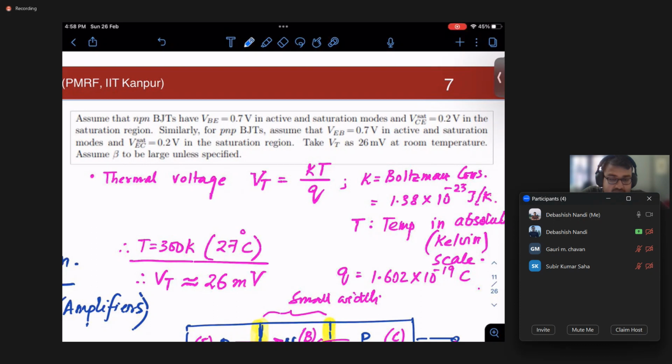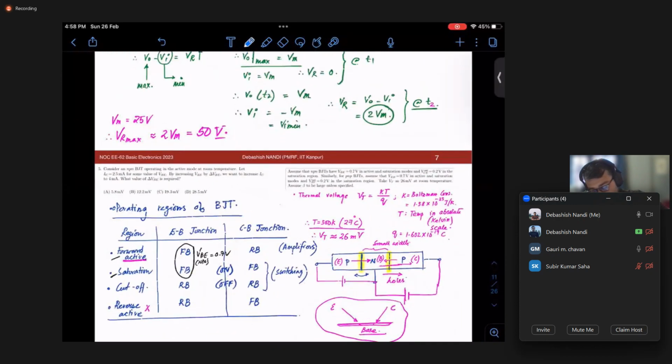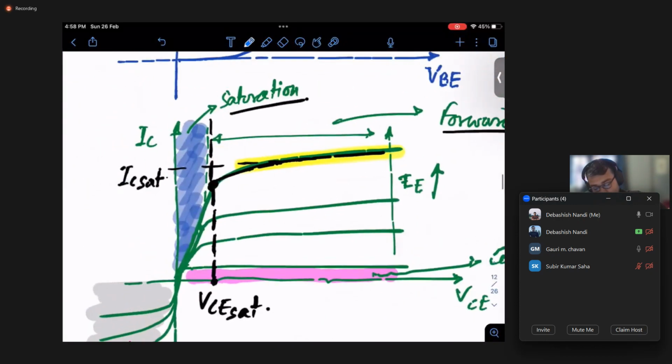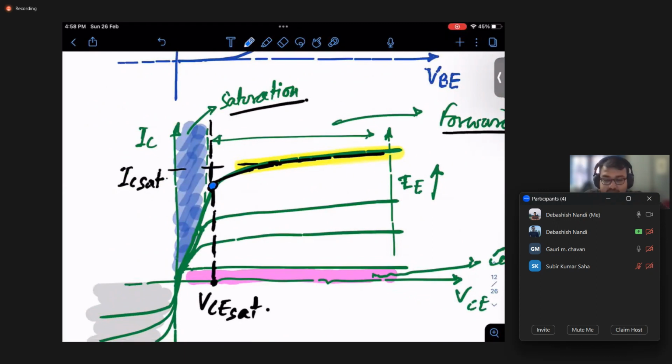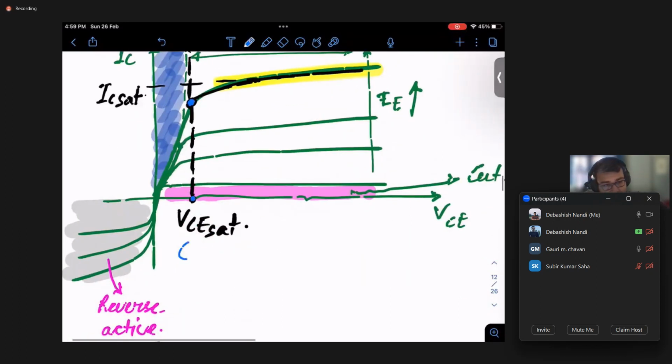VC is at... So when you are at this point, it is nothing but the junction of saturation and forward active region. So at this point your VCE remains 0.2 volt. Note that even if it is not given in any problem, you can safely assume it between 0.1 and 0.2 volt.